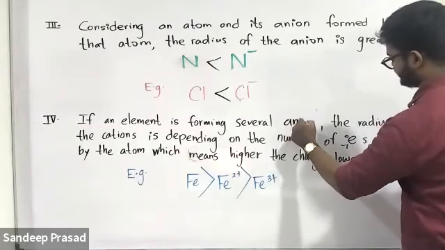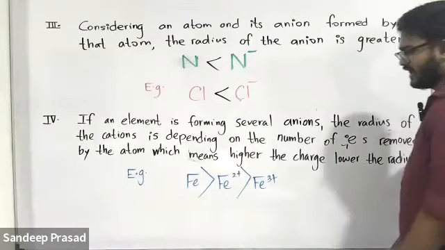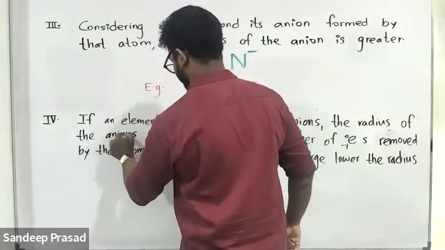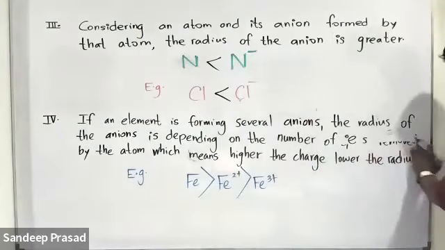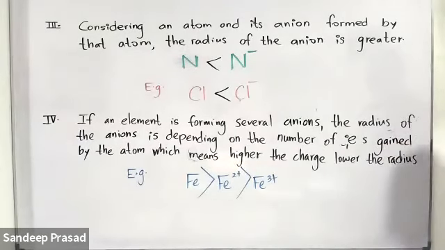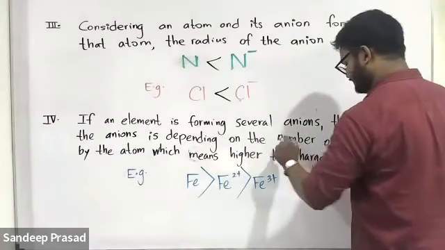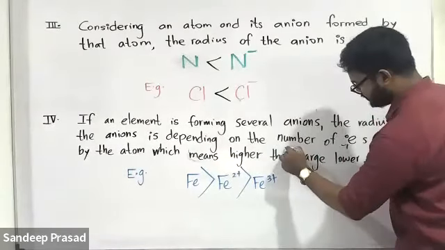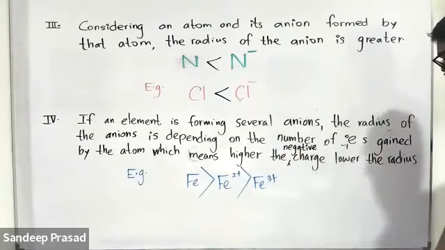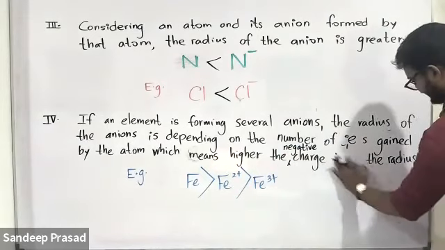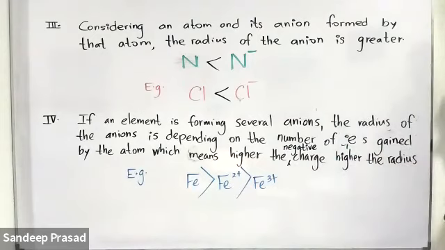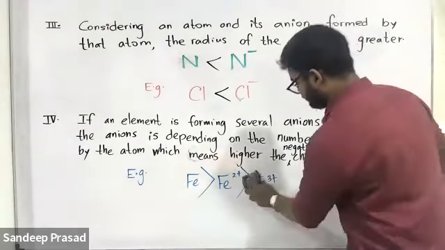In the case of anions, the radius again depends on the number of electrons, not removed but gained by the atom, which means the higher the negative charge, the higher the radius.